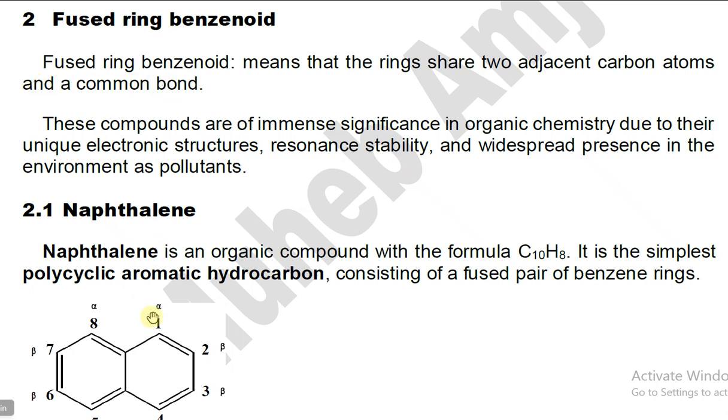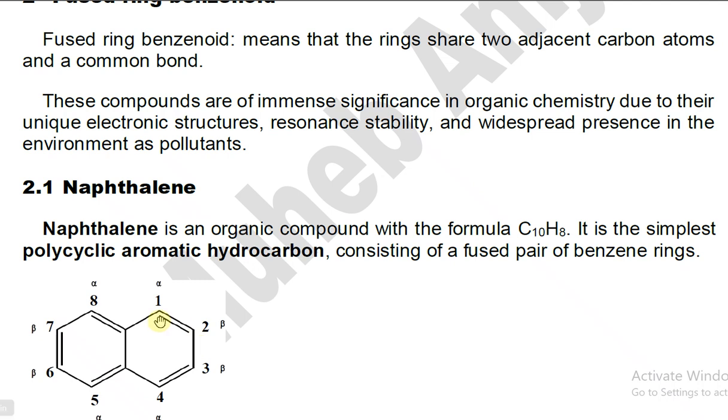If you look at this structure, you will see two cycles bonded together, and there are two adjacent carbons shared between the two cycles, with one common bond here. In this case, we say these two cycles are fused together.